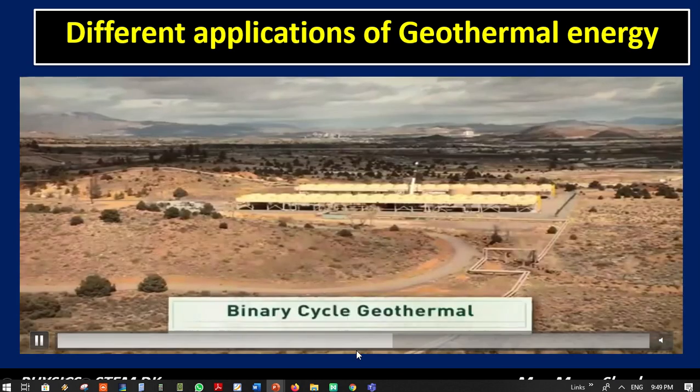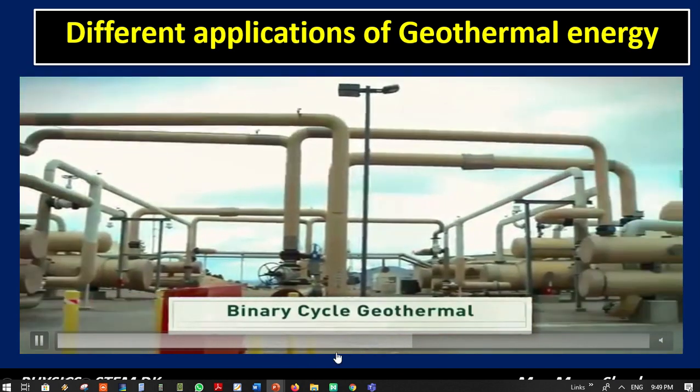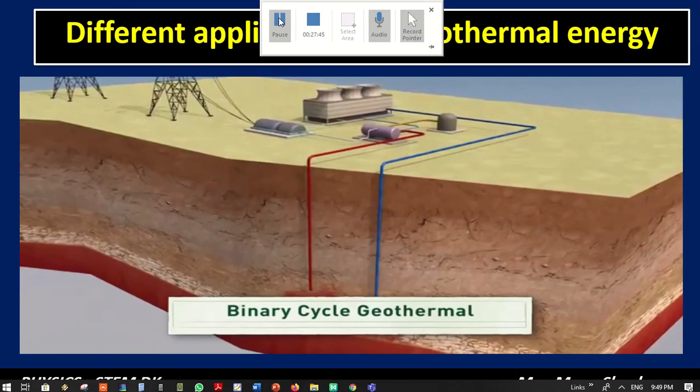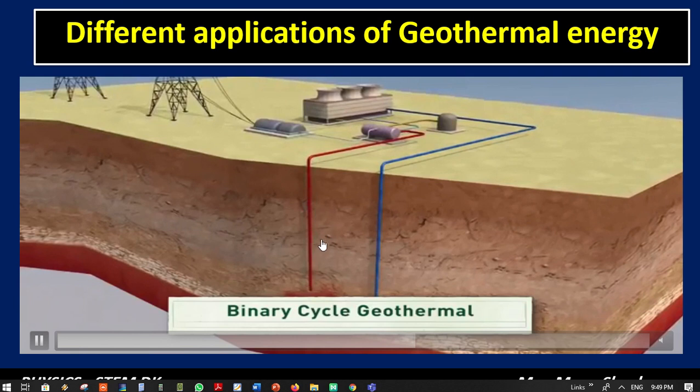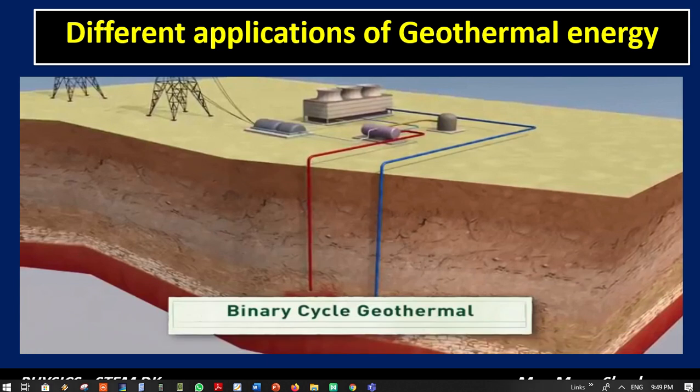The second type is called the binary cycle geothermal. Binary, it uses two types of fluids. Here is the hot fluid from the underground that is heated. The second fluid is a colder fluid and has a lower boiling point than the other.